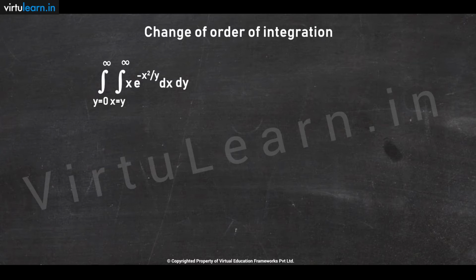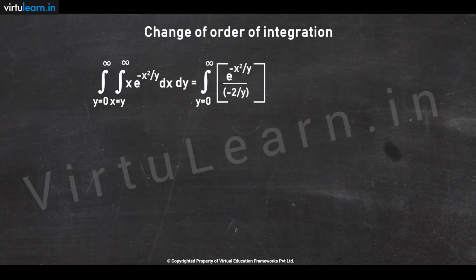Now we can integrate this with respect to x. We get integral y is equal to 0 to infinity, e power minus of x square by y divided by minus 2 by y. This quantity is to be evaluated at x is equal to y and at x is equal to infinity, multiplied by dy.